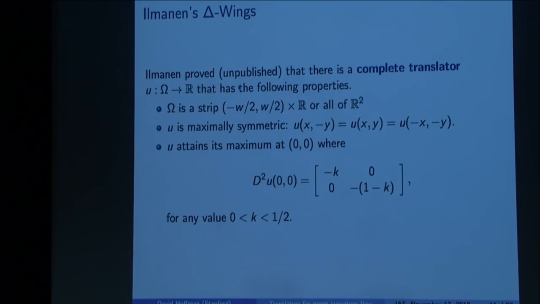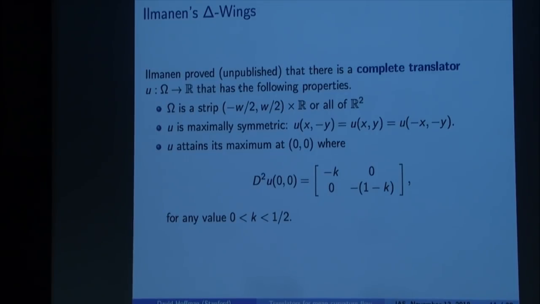Okay, so the eminence grise in this work and in this paper is Tom Ilmanen. And many years ago in an unpublished work, he found a complete translator that was a graph defined over a strip that was maximally symmetric.